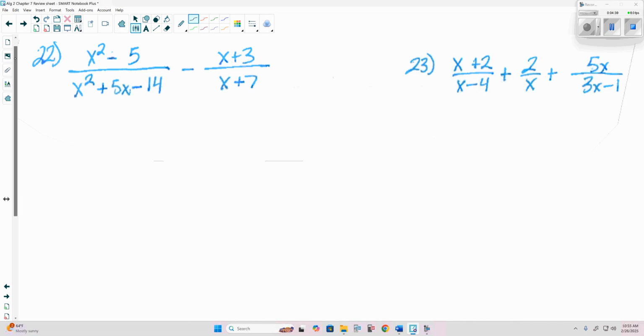Now, again, I'll say this. If something's factored on the test, because there are certain points or parts of it, I gave it to you already factored.